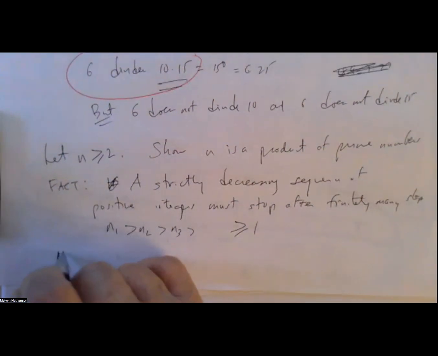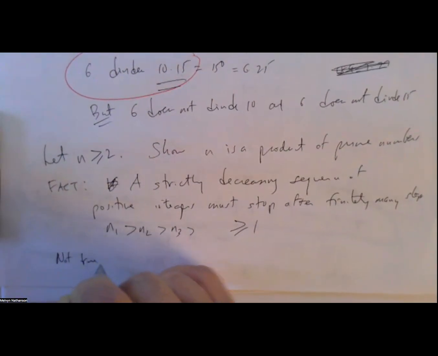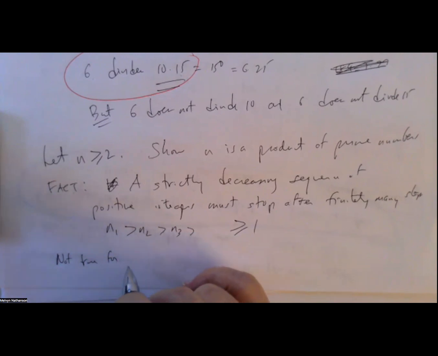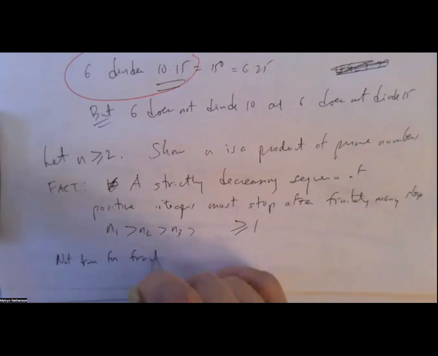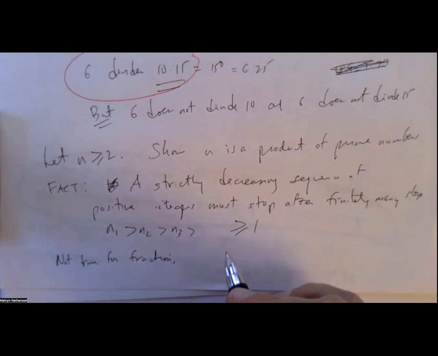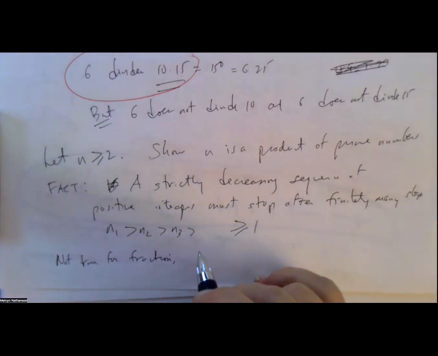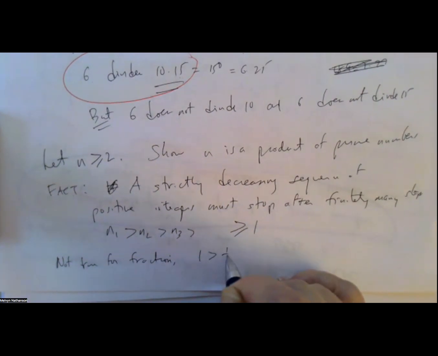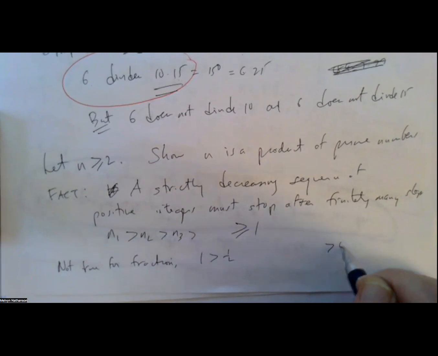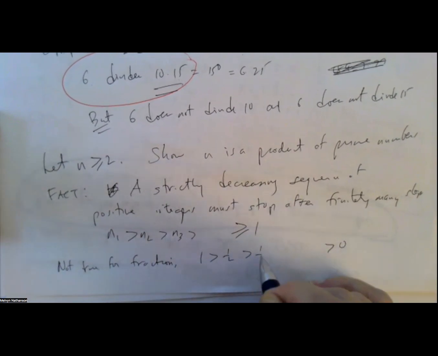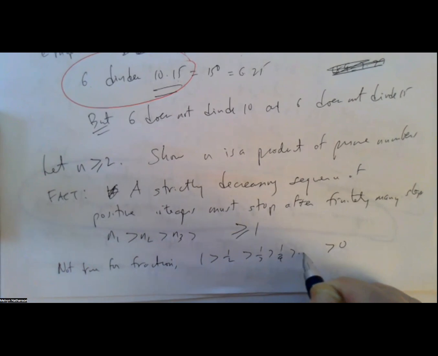All right. So let me just observe, this is not true for numbers that are not integers. For example, it's not true for fractions. You could have the number 1, bigger than, these are going to be positive fractions, bigger than a half, bigger than a third, bigger than a fourth. This goes on forever.